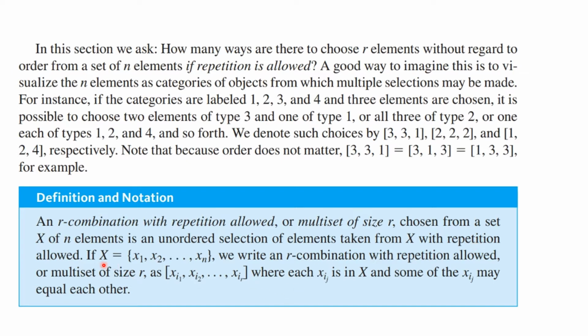So if the set X is equal to the set containing x1, x2, all the way up through xn, we write an R combination with repetition allowed, or multiset of size R, as xi1, xi2, all the way through xir, where each xij is in X, and some of the xij may be equal to one another.